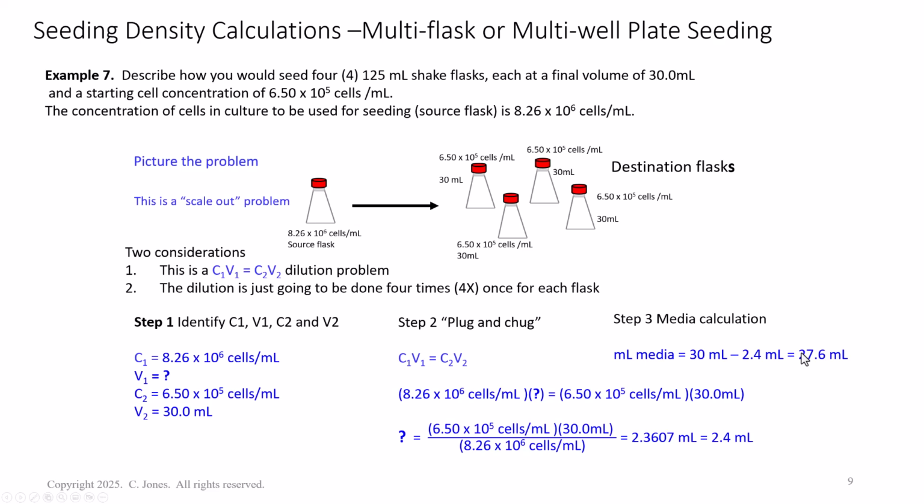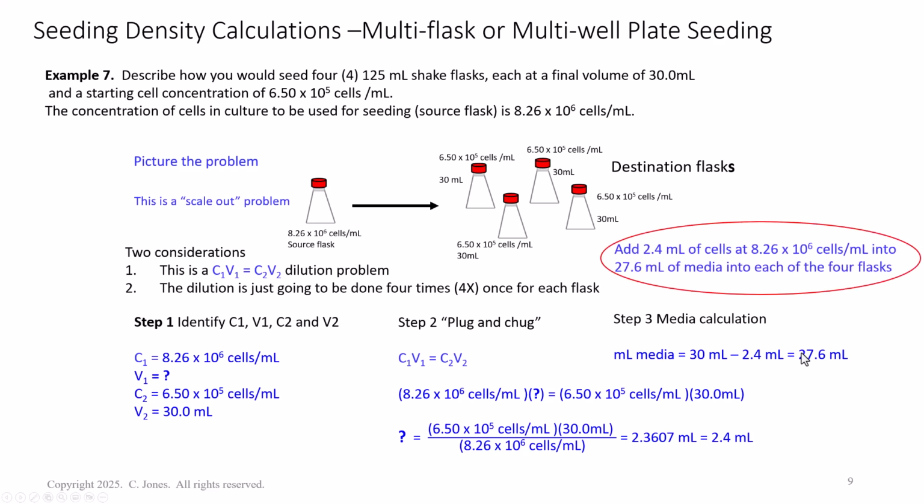So what this means is we would add 27.6 mLs of media into each of these flasks, and then we would take 2.4 mLs out of this flask and add 2.4 mLs into each flask. And now all 4 flasks have been seeded at the same starting density and the same final volume.